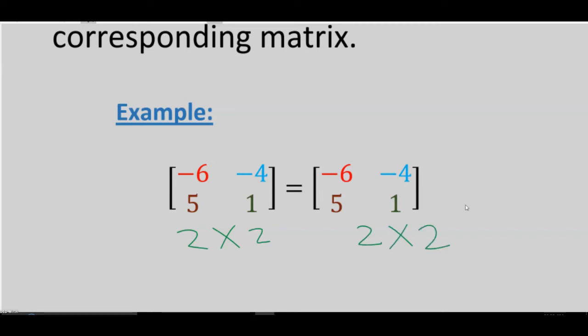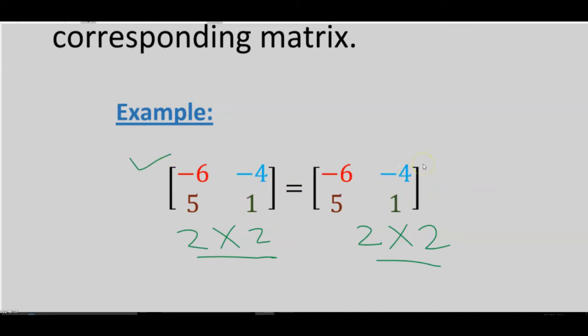And as I have highlighted the entries which are the same: -6 equals -4, that is the same. Now the third entry is 5 and 1. You can see that both the orders are the same and all the entries are the same. Only in that case you can say that yes, these two matrices are equal.